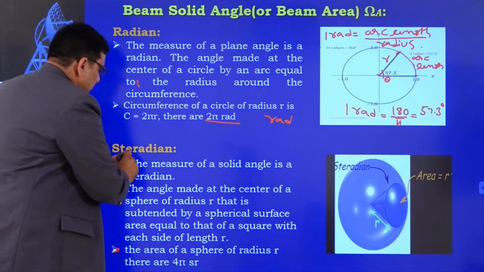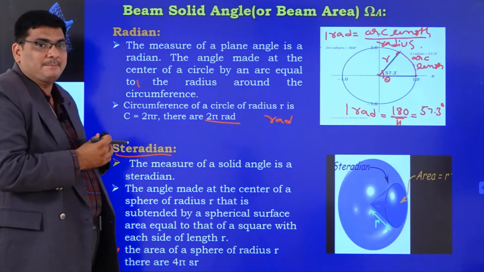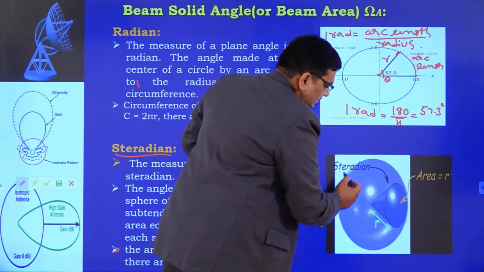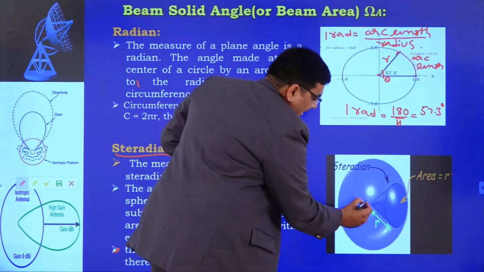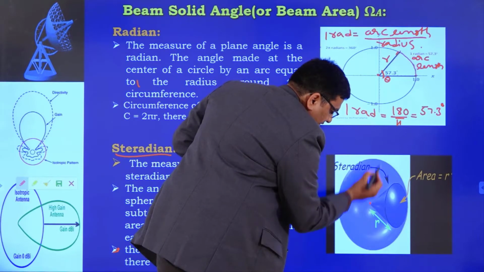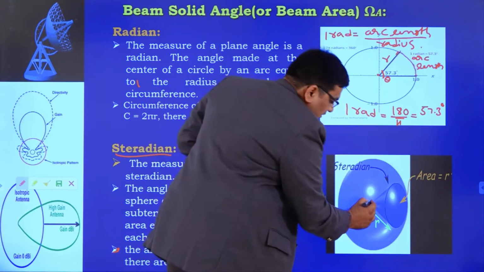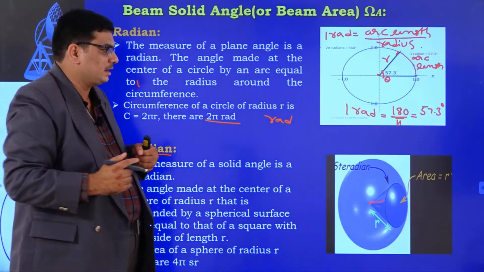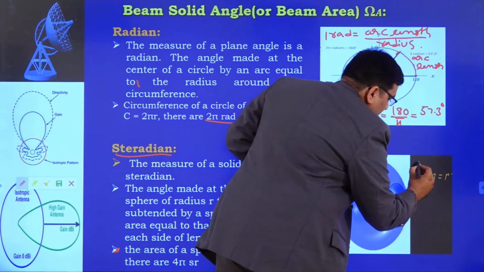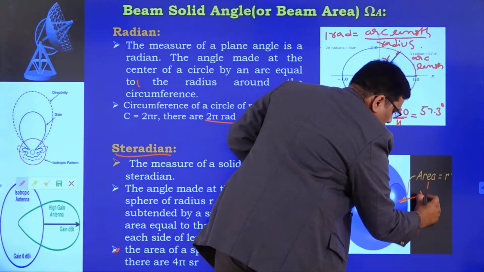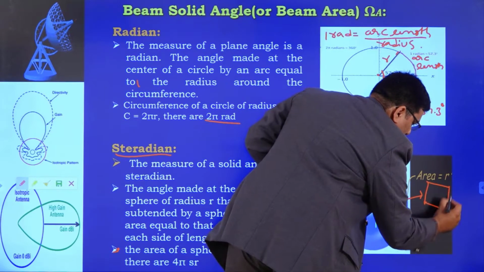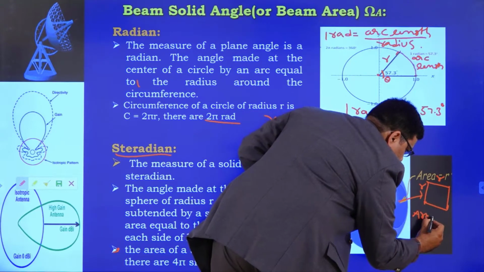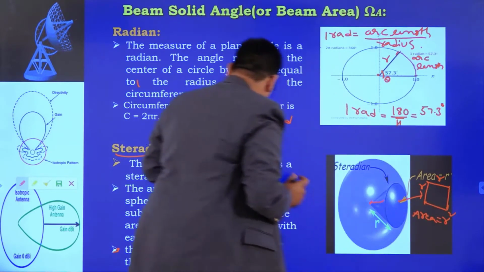Now, coming back to steradian. This is the measure of solid angle. Here also we take the angle from the center of a sphere and measure it to a surface of the sphere with an area. This area looks like a square with sides r and r, so the total area is r square.